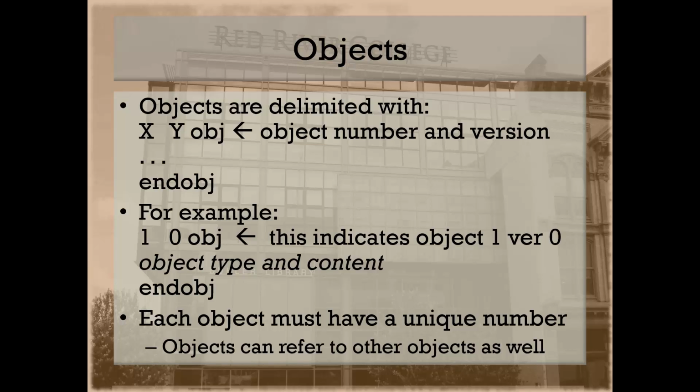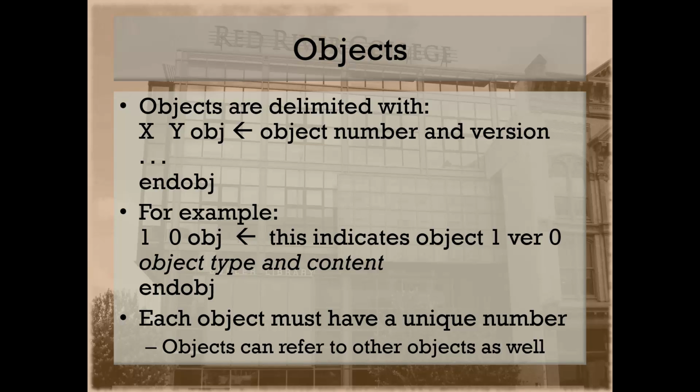Inside the PDF document are a series of objects. The objects are numbered, and they're also given version numbers as well. So for example, if you take a look at the middle bullet on this page, object 1 can have version 0, and then there can be version 1, version 2, version 3 of object 1.